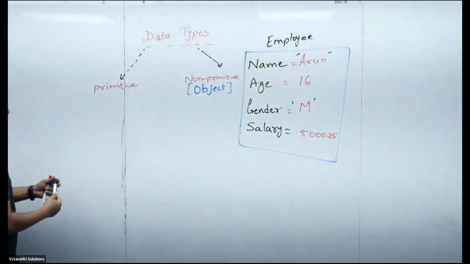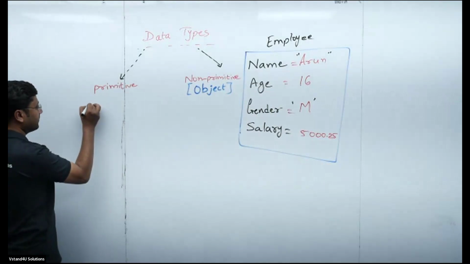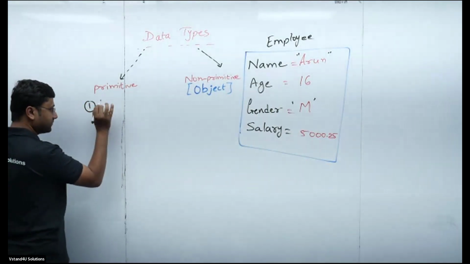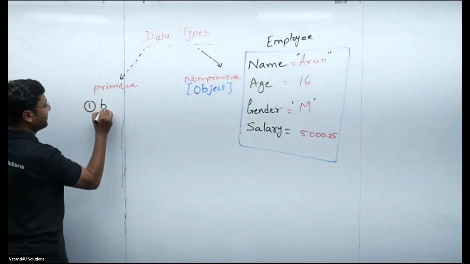In case of primitive, how many are there in total?